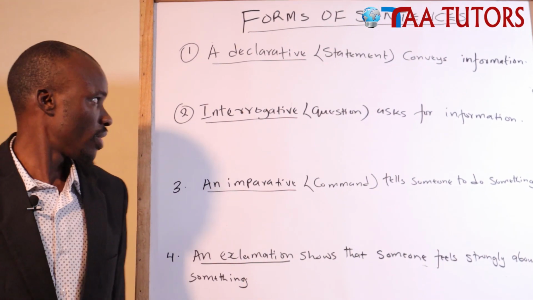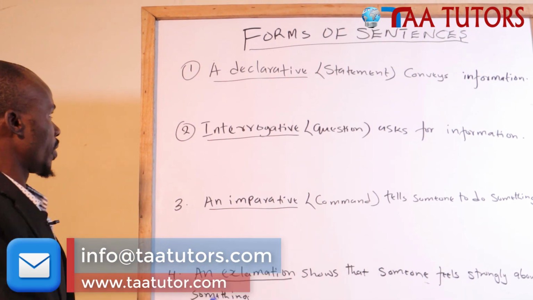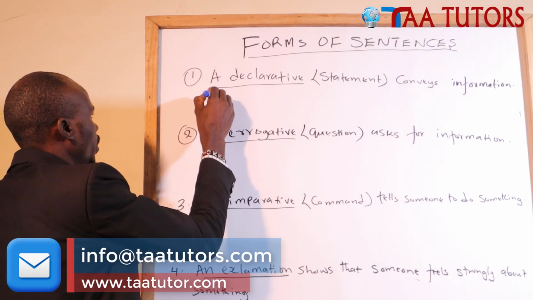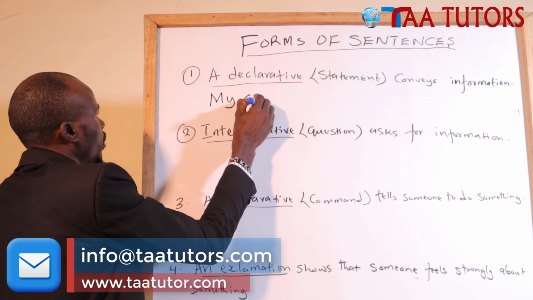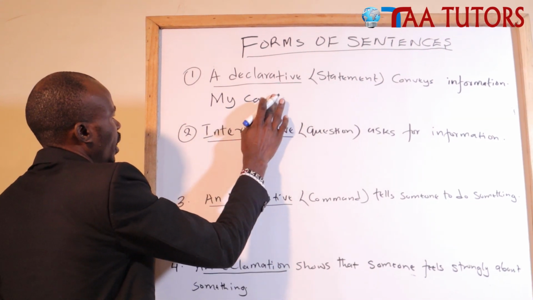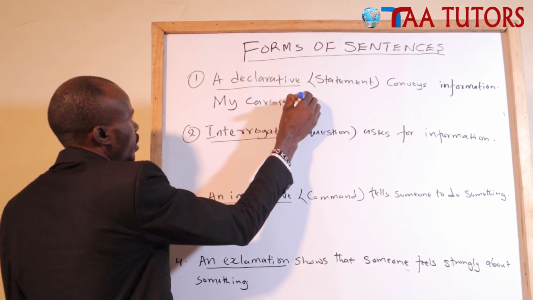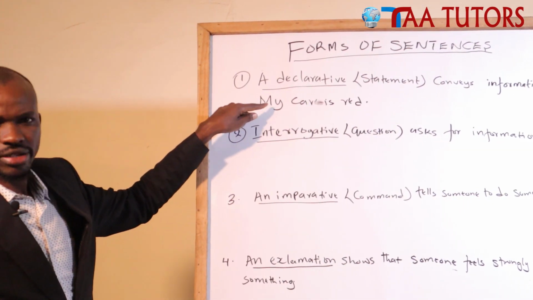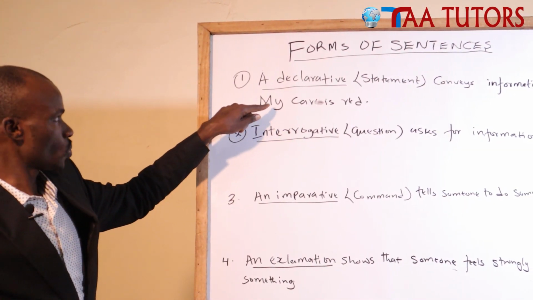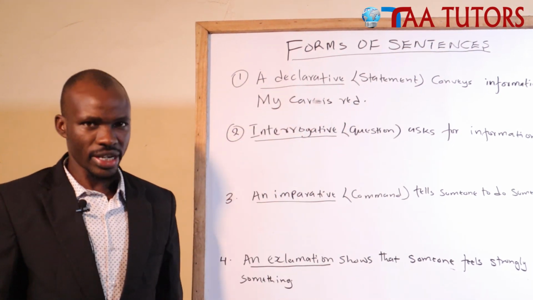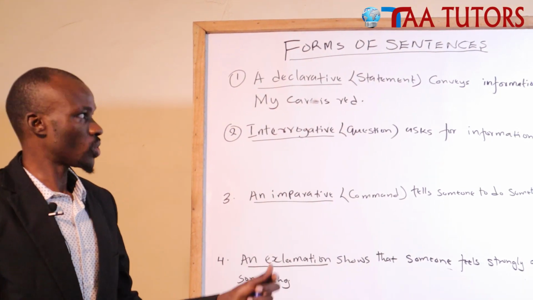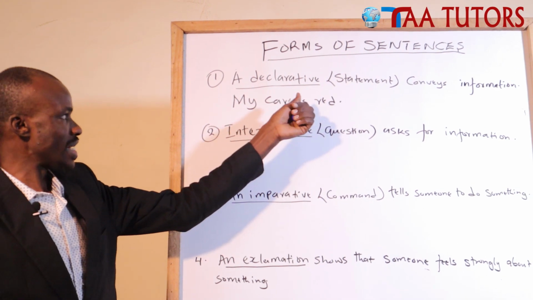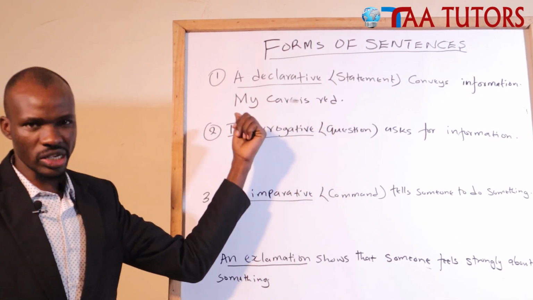One of the examples we can look at, for example, we can say, my car is red. This is an information. This is a statement. This is what we call a declarative statement or sentence, because it declares or gives you the information about the car.